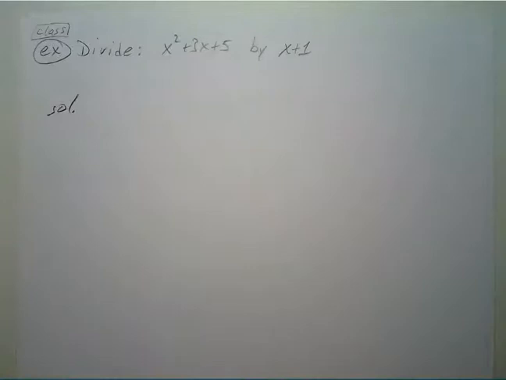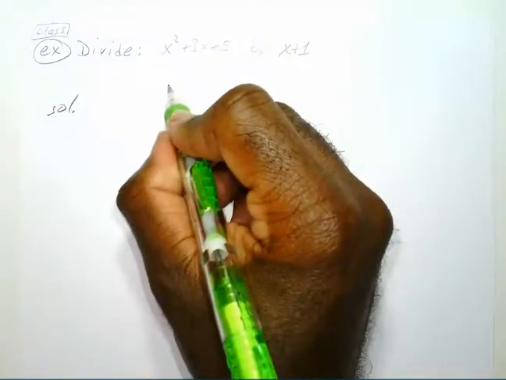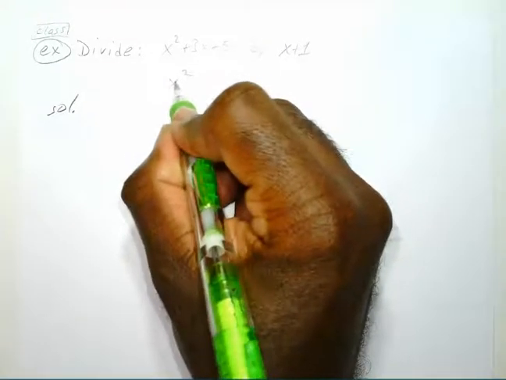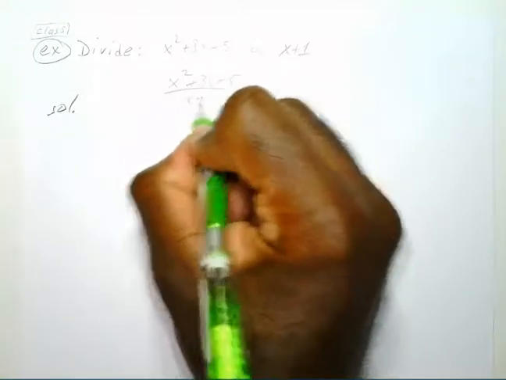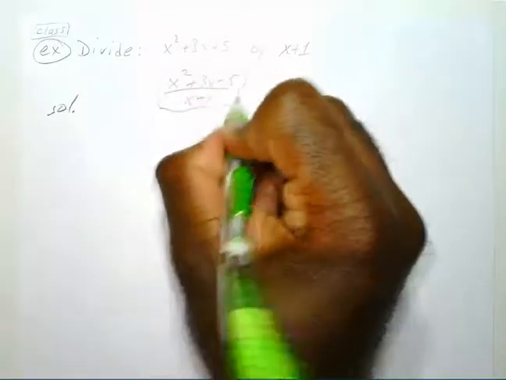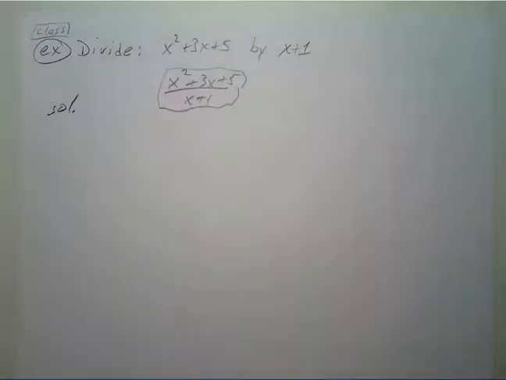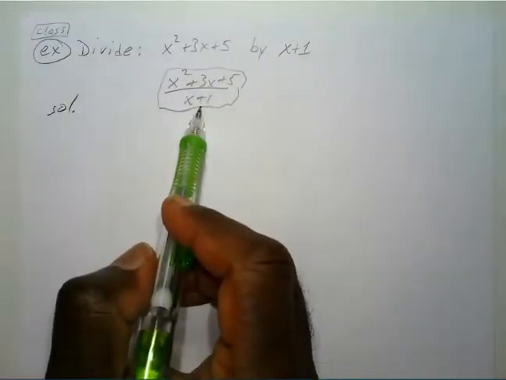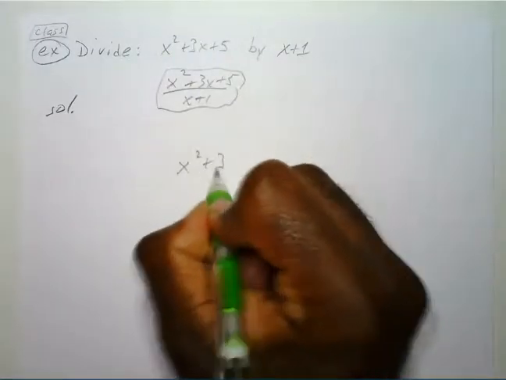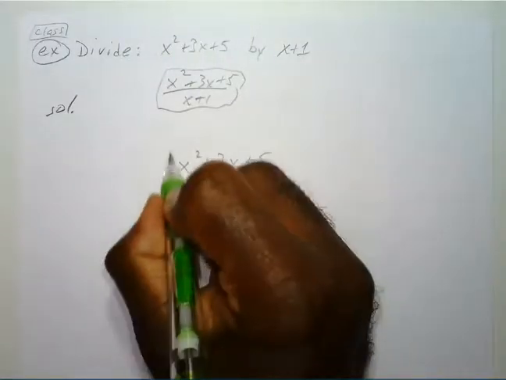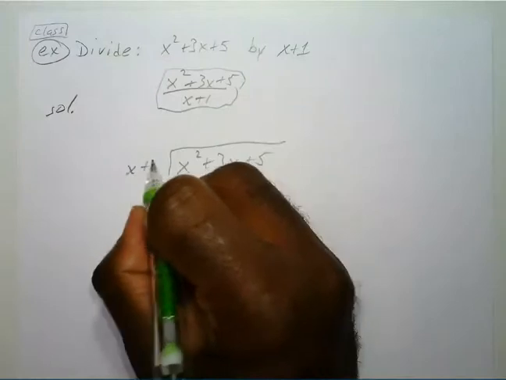So let's go ahead and verify. Remember, this is just x squared plus 3x plus 5 divided by x plus 1, if you wanted to rewrite it. Okay, so we're just going to get that and rewrite it using the division bracket. So that's x squared plus 3x plus 5 divided by x plus 1.